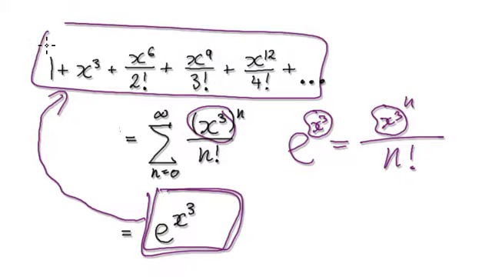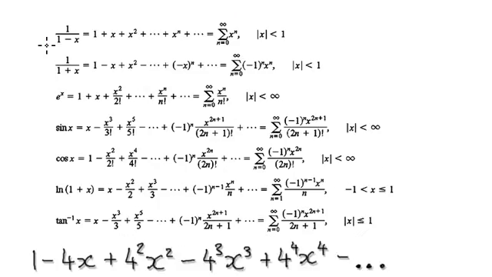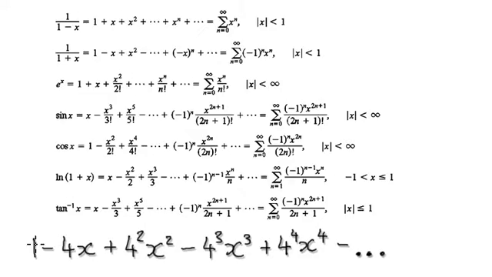Okay, so next one. Given this series, find the original function which it represents. So press pause and have a go. Okay, so if you look at this here, this is squared, cubed, and so on. When you look at something like this, in your mind you should be visualizing 4x to the 2, 3, and so on.